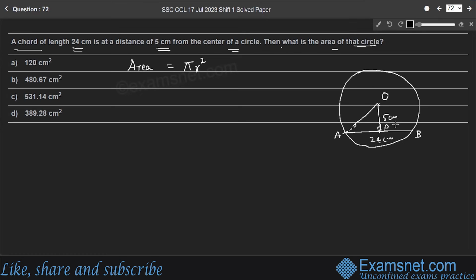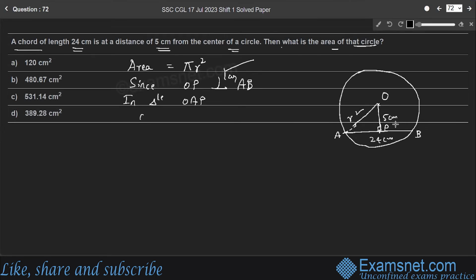Here OP is perpendicular to AB, because of the given distance. So we have OAP, a right angle triangle. So in triangle OAP, we have to find OA because OA is the radius of the circle. To find the area of the circle, we need the radius.